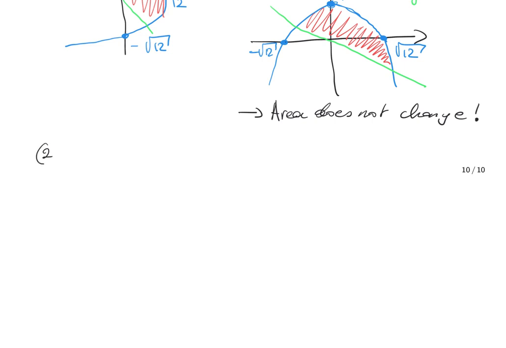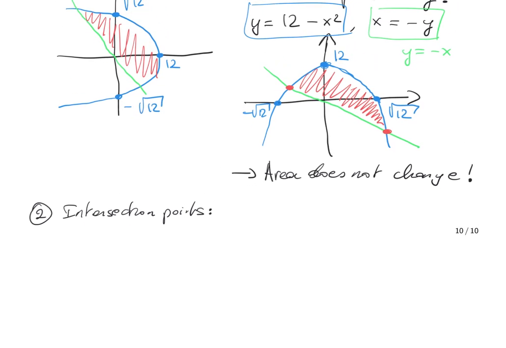So step 2 is we're going to find the intersection points. We're going to find this coordinate and this coordinate, or these 2 points. How do we do that? Well, we put the 2 equations equal to one another. 12 minus x squared equal to minus x.